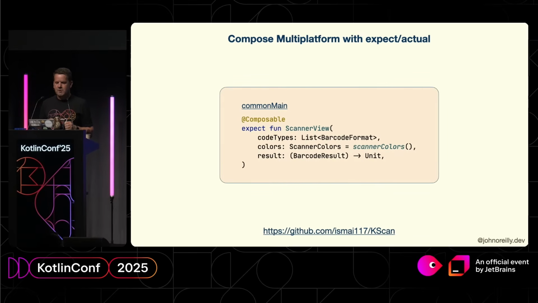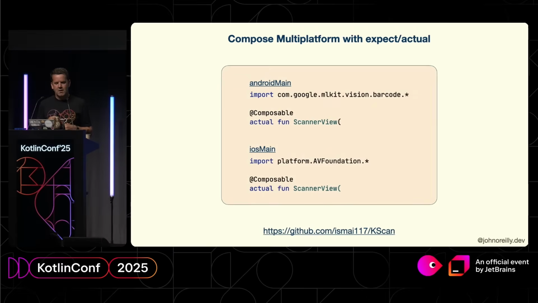That scanner view composable is defined as an expect function in common code. And then we have Android and iOS specific implementations, using, as mentioned, MLKit for the implementation on Android and AV Foundation on iOS. But again, consumers of scanner view writing composed code in common main are abstracted from these platform differences.